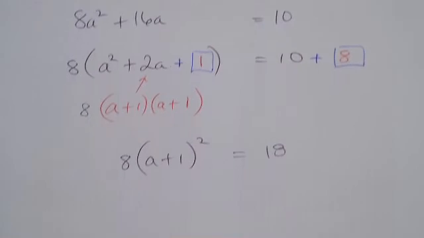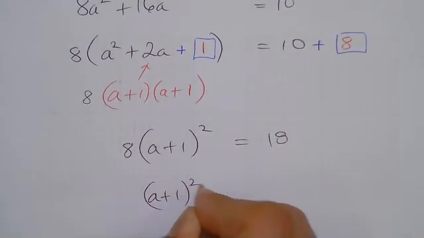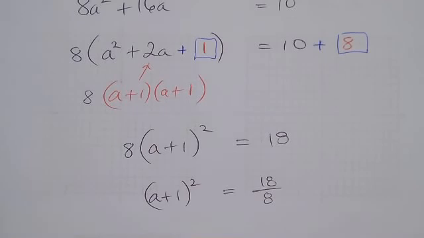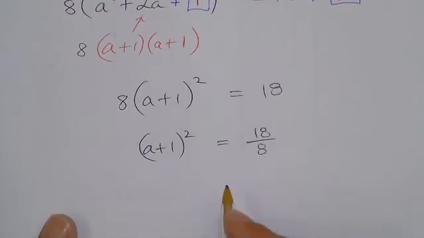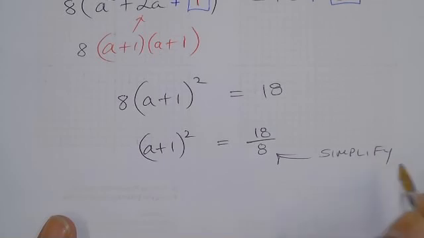So that's 8 times a plus 1 squared equals 18. That's going to be a plus 1 squared equals 18 divided by 8. We're good? We're just going to get it to this part, and then I'll show you how to get the answers after.